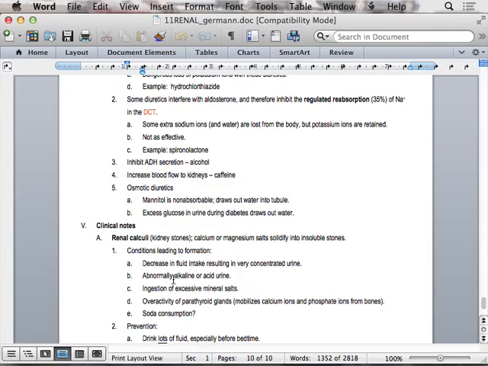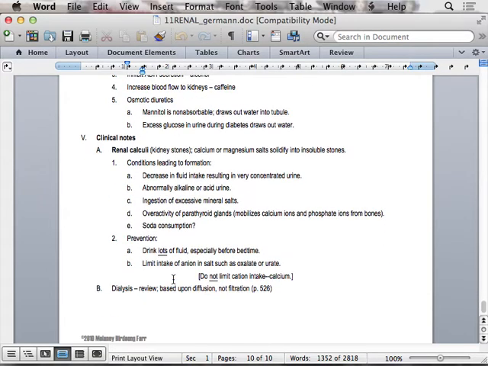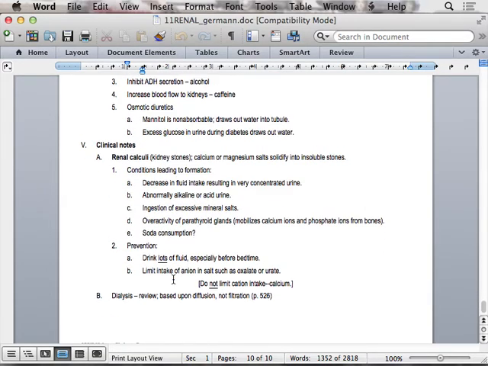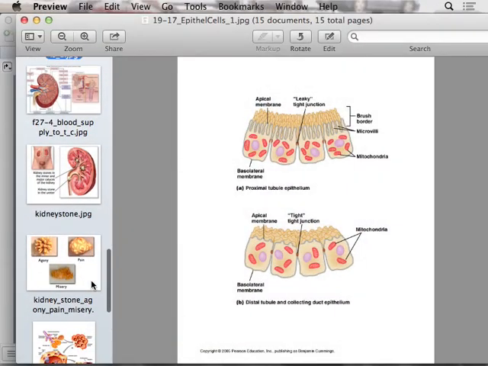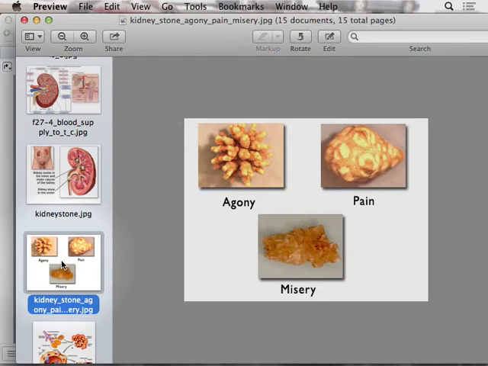All right. The last thing in this set of notes is renal calculi, which is kidney stones. And kidney stones are little beasties. Here's some kidney stone pictures. Look at those buggers. Agony, pain, misery. That one's super pointy. Here's where they form usually.